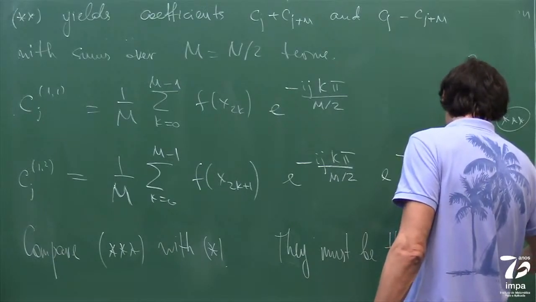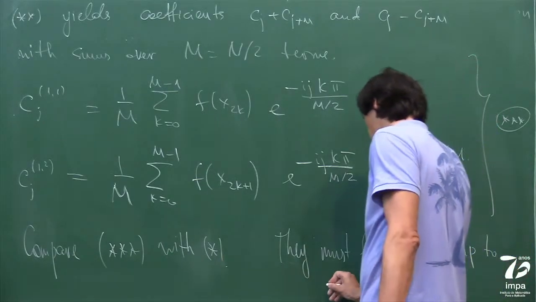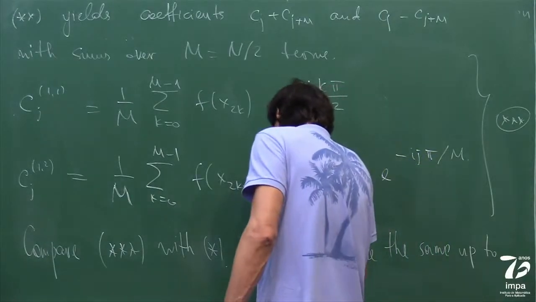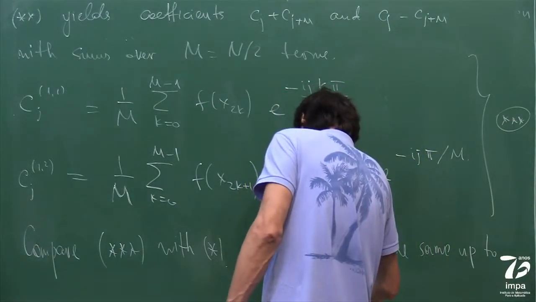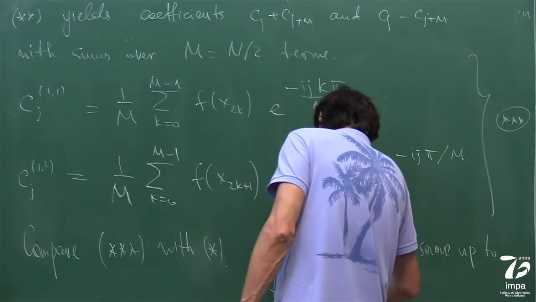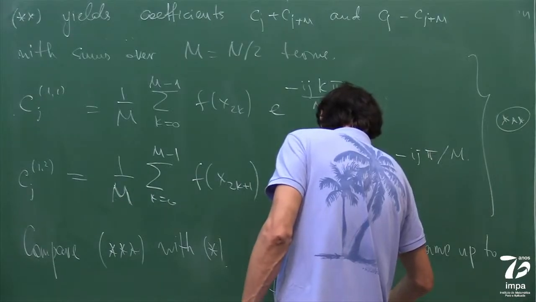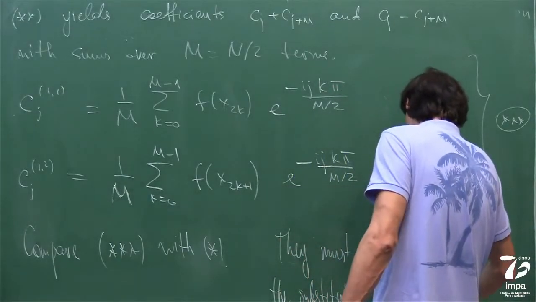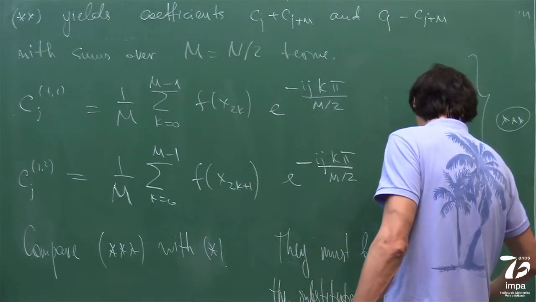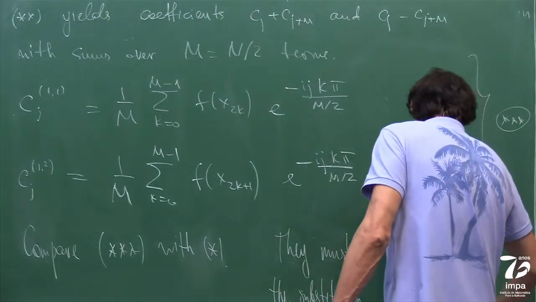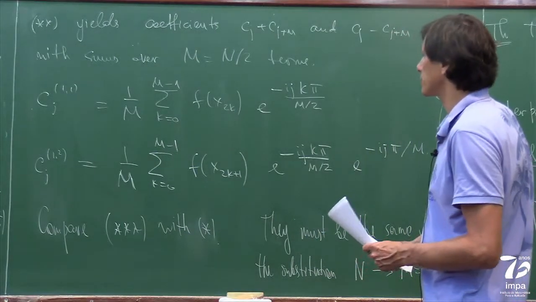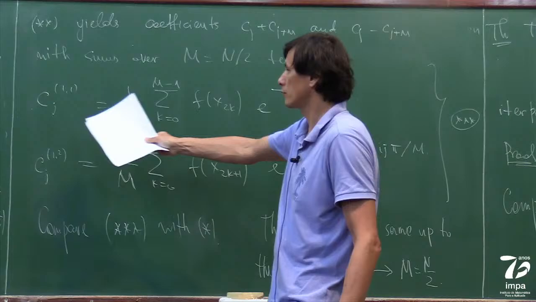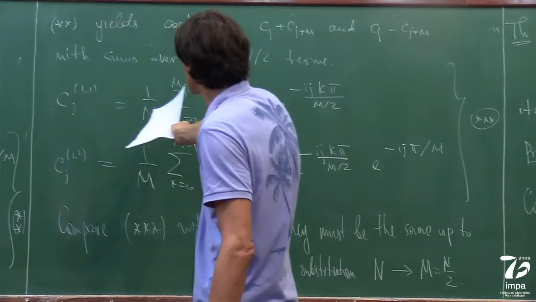Up to the substitution: instead of n, you take m, which is twice smaller. So you see the first is correct. Instead of m, you take n, which was 2m.